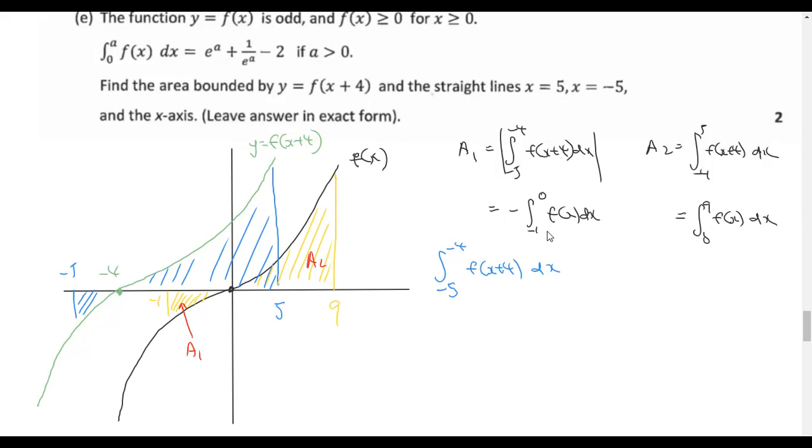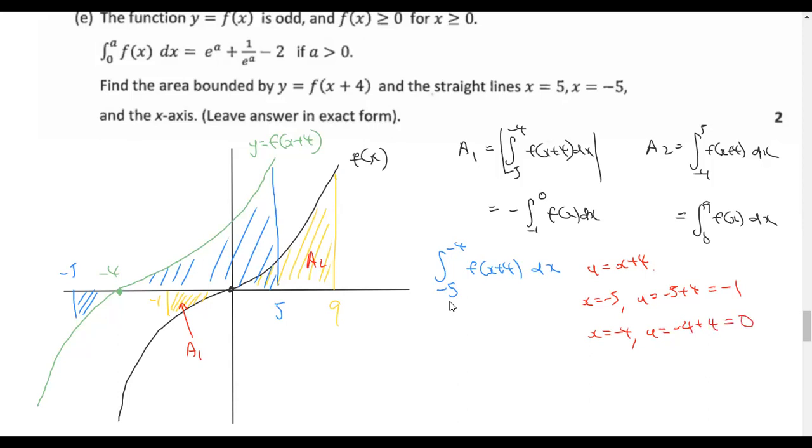We could have done substitution. So we could consider letting u equals x plus 4. So when x is -5, u will equal -5 plus 4, which is -1. When x is -4, u equals -4 plus 4, which is 0.